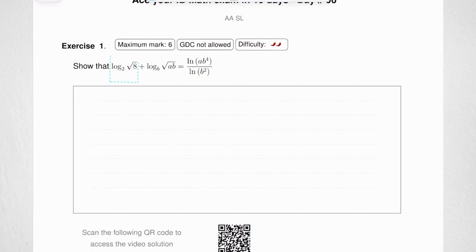Now, as I mentioned before, you can break this exercise into 2 parts and solve this first. We know what log root of 8 base 2 is. It is the number that we raise 2 to in order to get root of 8. Now we can write root 8 as some power of 2.